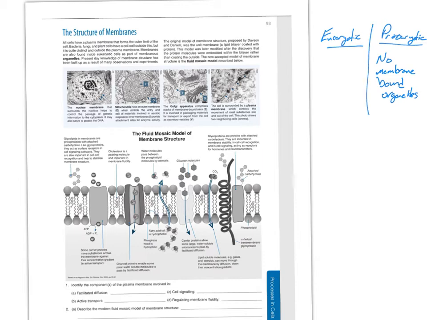So the organelles we're seeing here are going to be found in eukaryotic organisms. Now, the plasma membrane, of course, prokaryotic organisms have that, because that's the membrane that separates outside from inside.